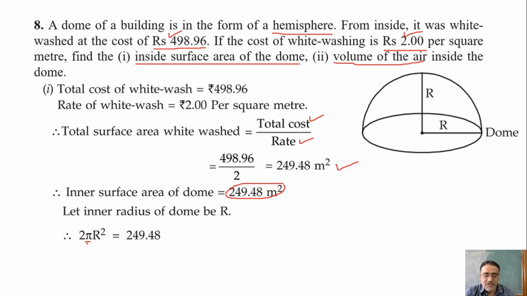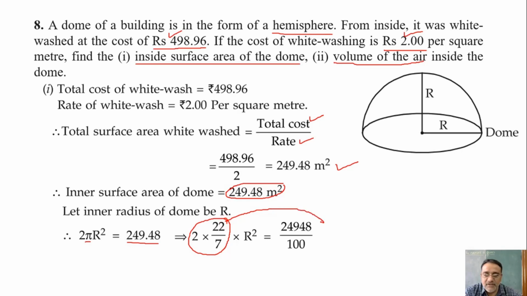Pi is 22 by 7, and this we can write as 24,948 upon 100. Now shift both of these to the right hand side. When we shift, we have to take the reciprocal. So 2 will become 1 by 2 and 22 by 7 will become 7 by 22.